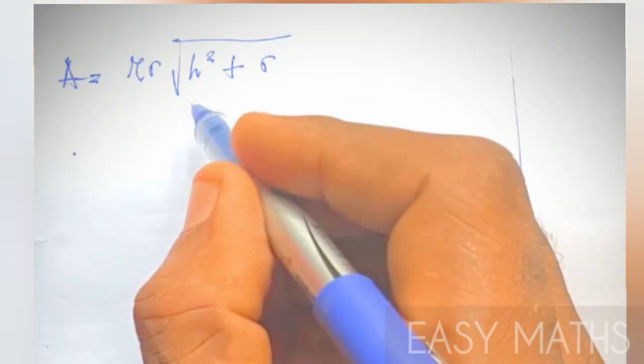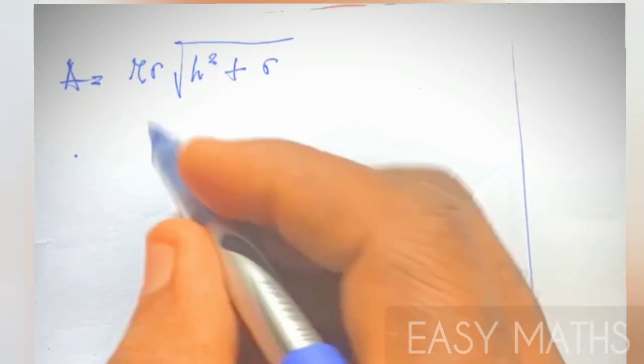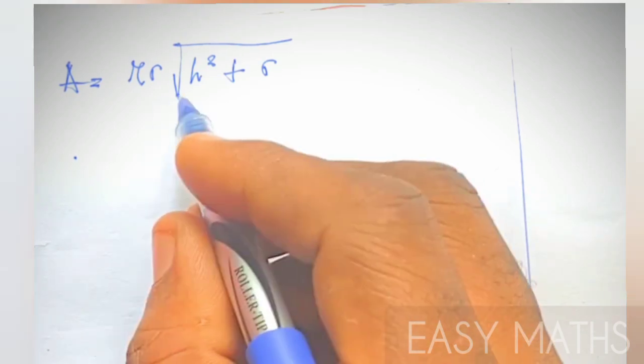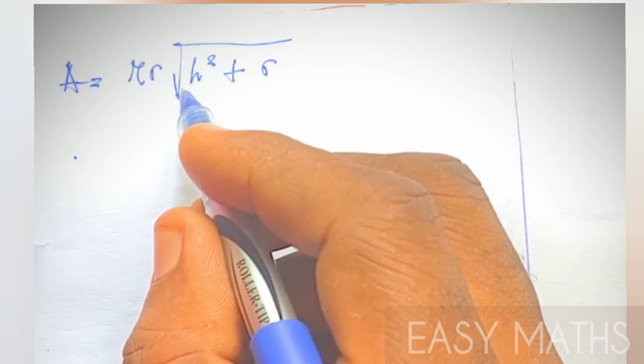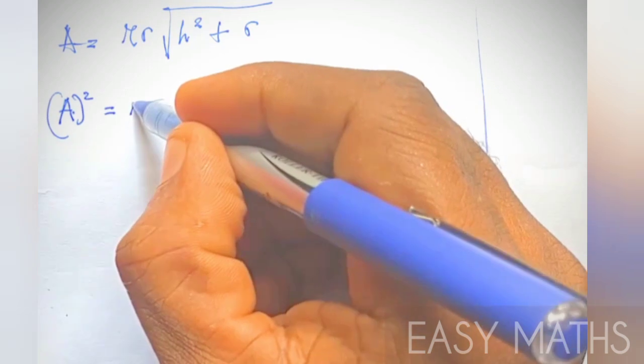Okay, we are going to go to method 2 for making h the subject of this formula. First of all, again, our problem is to simplify the equation by taking this square root to this side, and the inverse of square root is square. So we square both sides, which we have already done before.